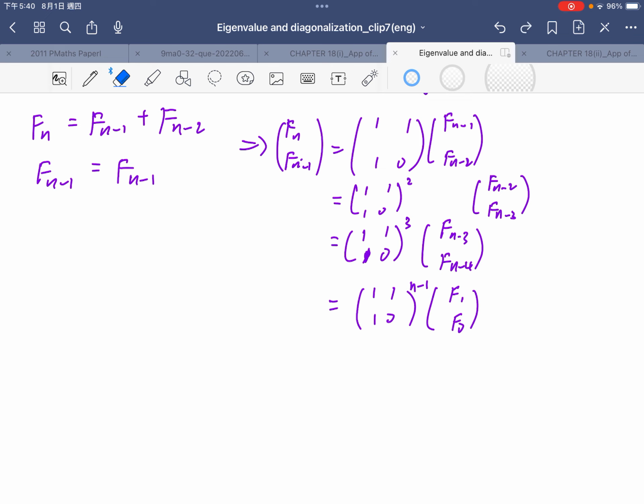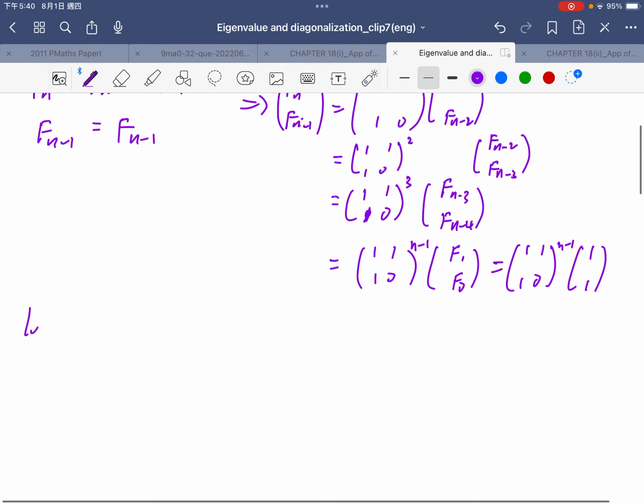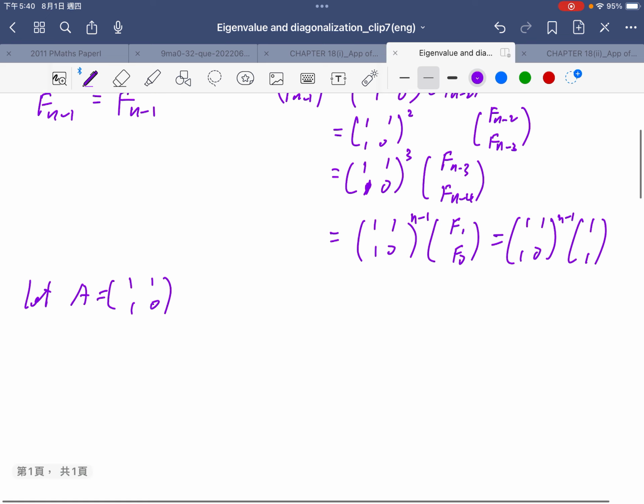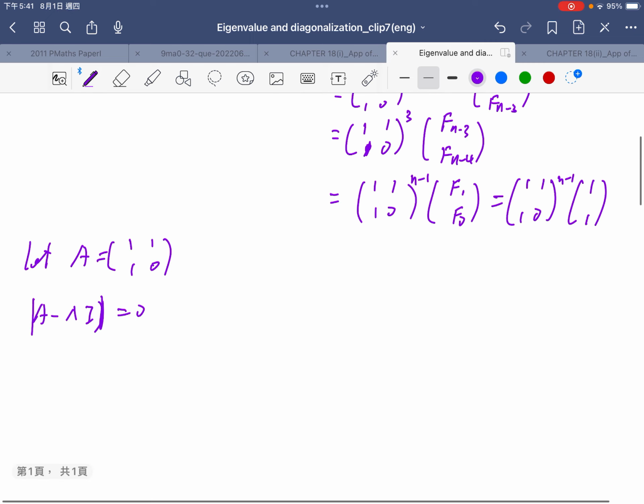Right here, the matrix 1 1, 1 0 to the power n minus 1 times the vector F1, F0. And for this matrix A, the hardest step here, I want to calculate the eigenvalues and eigenvectors of this matrix. The determinant of A minus lambda I equals 0.